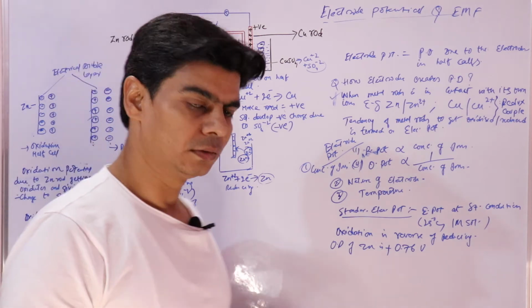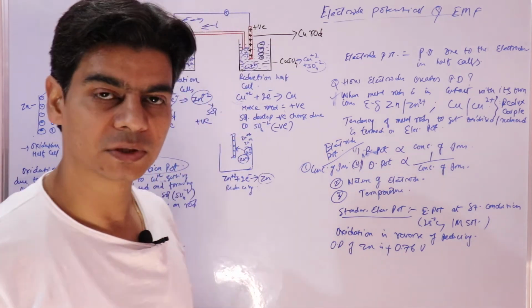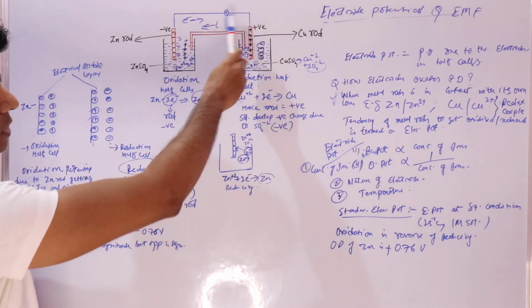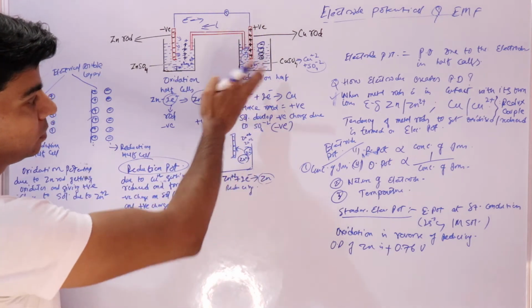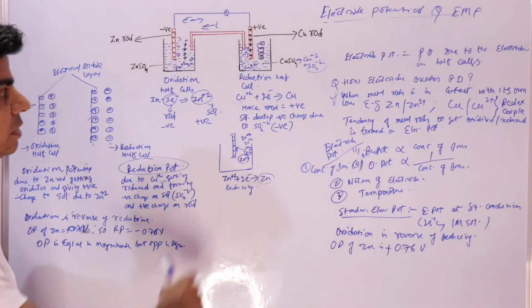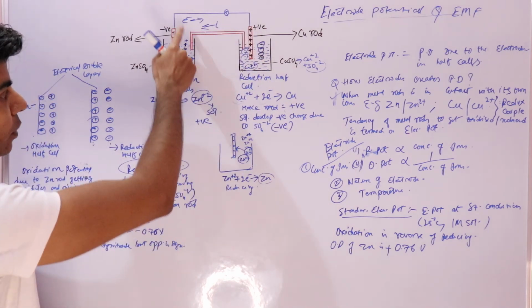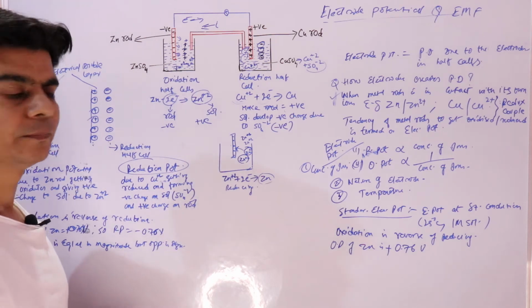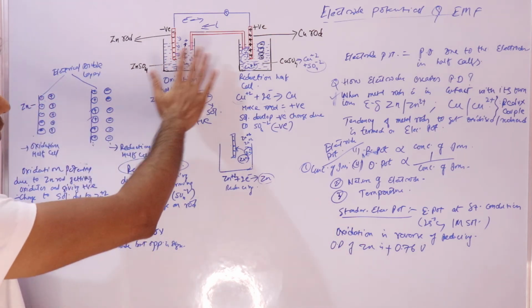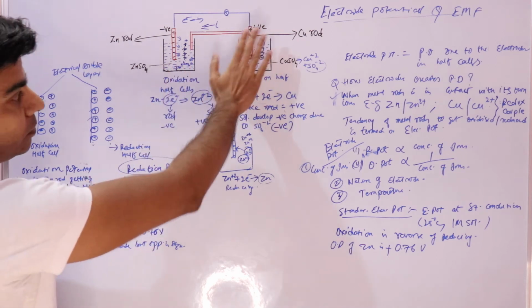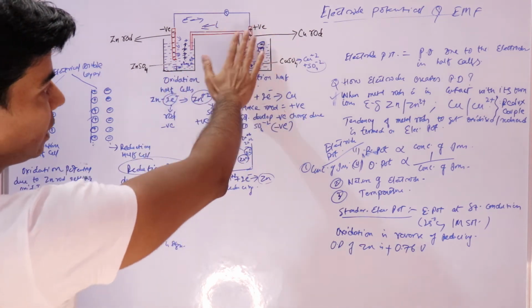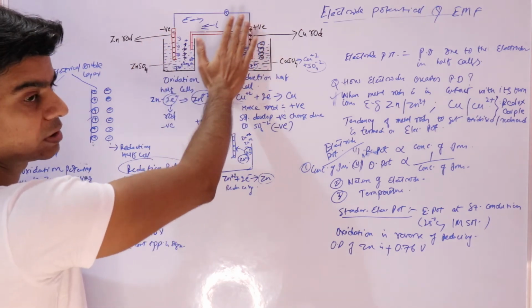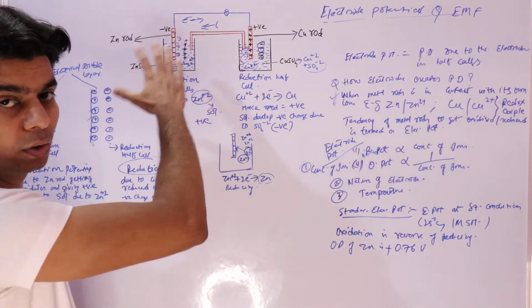That is why current, when we did in the first lecture, was flowing from cathode to anode, because cathode was at higher potential due to reduction, right? It has acquired positive charge, and anode is at lower potential due to oxidation reaction, right? So due to potential difference, I again repeat, cathode is at higher potential, anode is at lower potential, because this is positive, so this is at higher potential, this is negative, this is at lower potential.